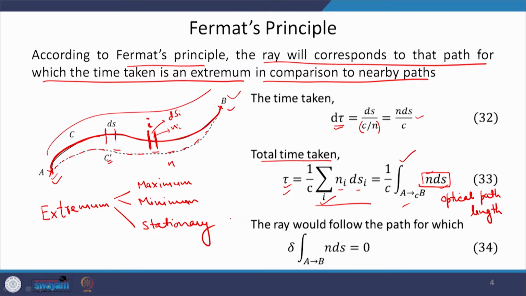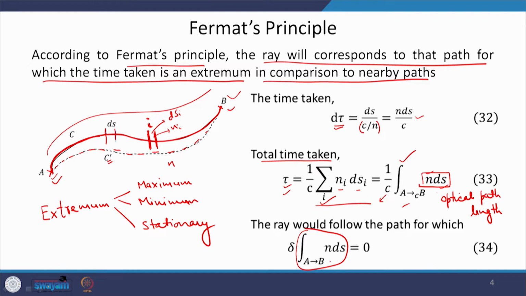Now, we have this integration. C is a constant, therefore we are removing it from our further calculation. We are just interested in optical path length, and the question is which path the ray should follow. Fermat principle says it will follow a path for which the time is extremum.